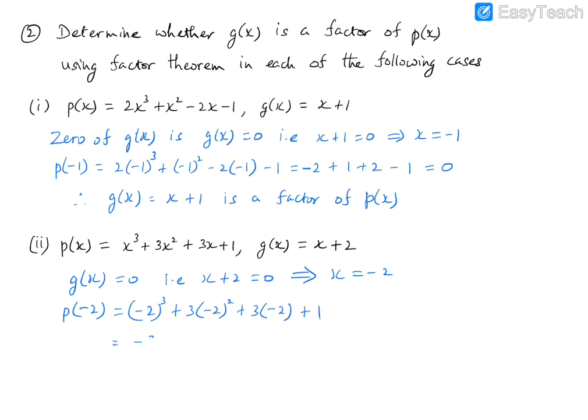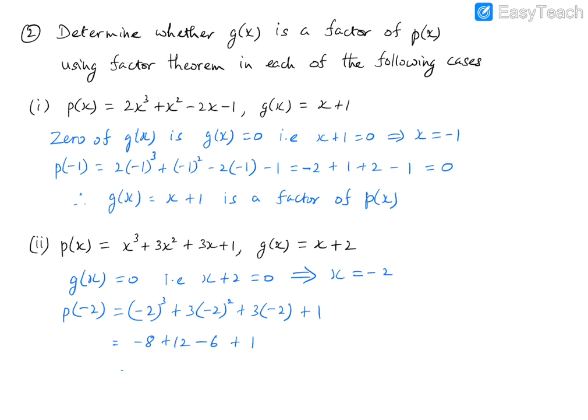So minus 2 cube is minus 8. Minus 2 square is plus 4. Plus 4 into 3 is plus 12. And 3 into minus 2 is minus 6 plus 1. Okay, so does this evaluate to 0? That's 12 minus 6 is 6. Minus 8 plus 6 is minus 2.